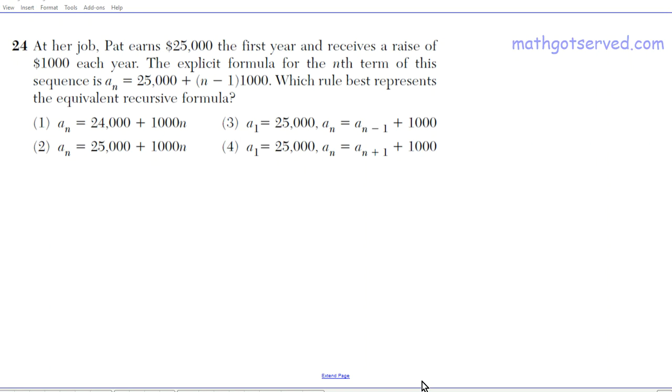Okay, so let's go ahead and write down the formula for generating a recursive formula. Okay, so formula for recursive formula. The recursive formula has two parts. The first part, a_1, is always the first starting term.